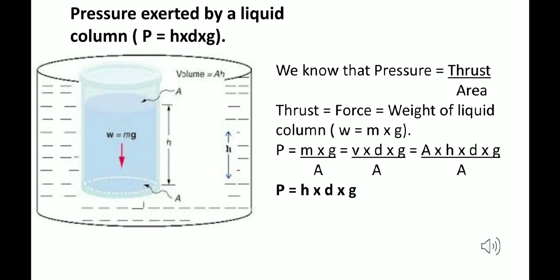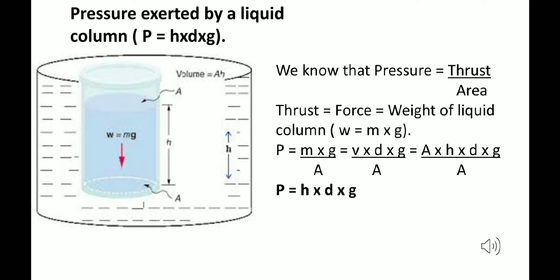Height of the liquid column has been shown over there as h, and area of cross section has been shown over there by A. And volume is area into height, that everybody knows. Now, from our earlier classes, what we have studied, we concluded with the formula that pressure is equal to thrust upon area. Now, as we know that thrust is the force, and what is force?